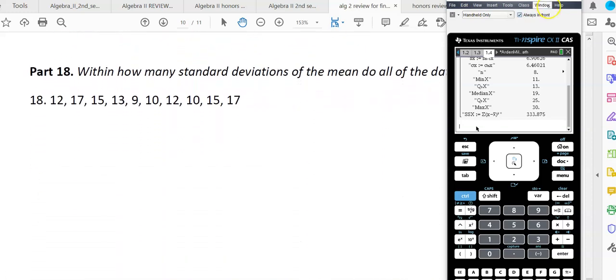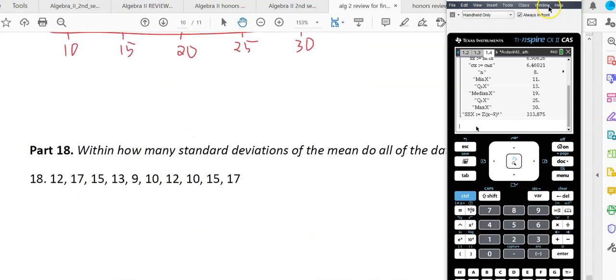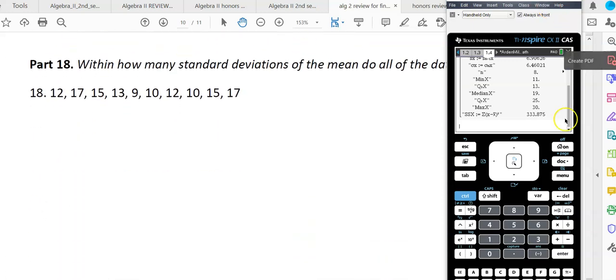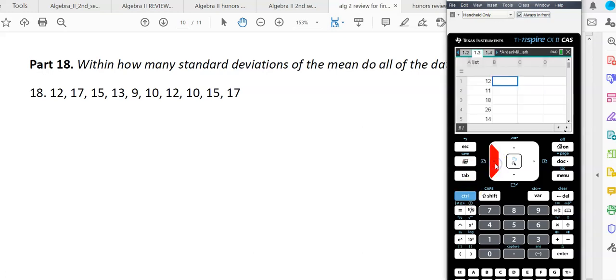How many standard deviations? Is this a different set of numbers? It is. So let's go back. Control left arrow. List 2: 12, 17, 15, 13, 9, 10, 12, 10, 15, 17.